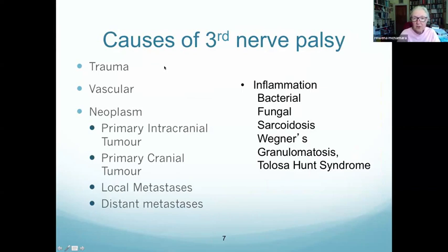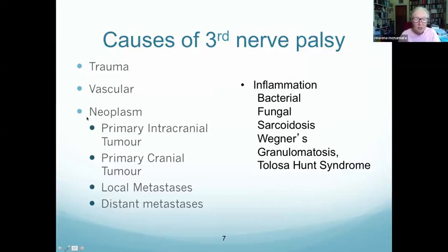The causes of the third nerve palsy: it can be due to trauma, as in a bang on the head or a road traffic accident. It can be due to vascular changes, so that the patient may have a stroke, or may have an embolism.